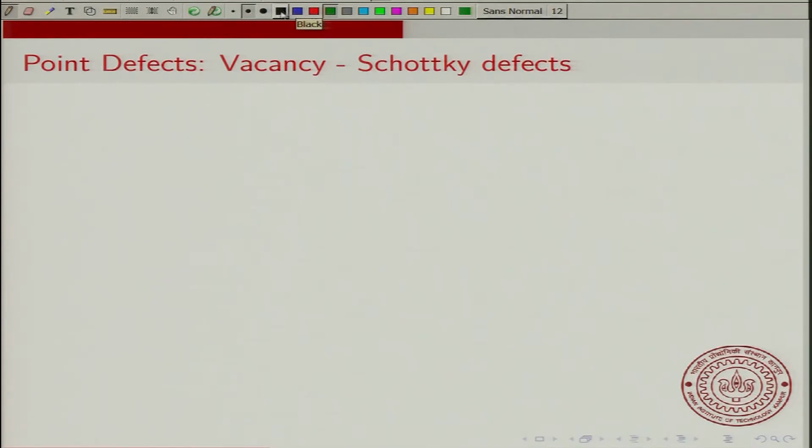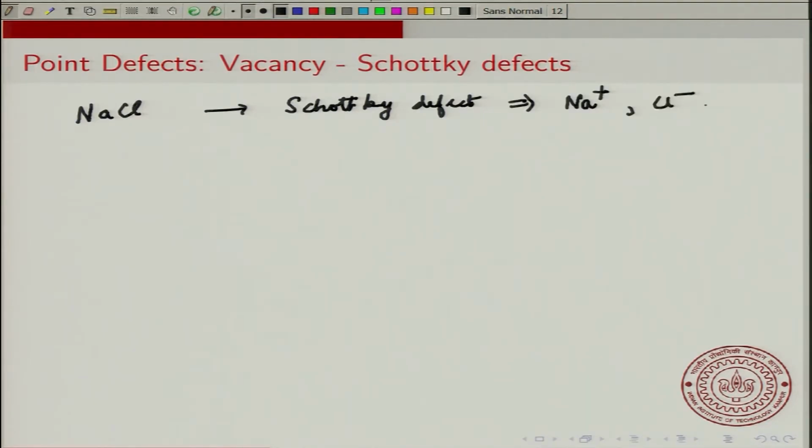If you had an ionic crystal like, let us say, NaCl, then a Schottky defect would correspond to a Na+ and a Cl- missing. So, a pair: one sodium ion and one chloride ion missing. That combination would be a Schottky defect, and the point is they need not be right next to each other.